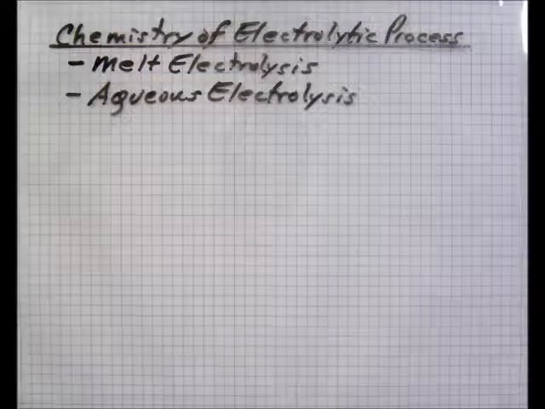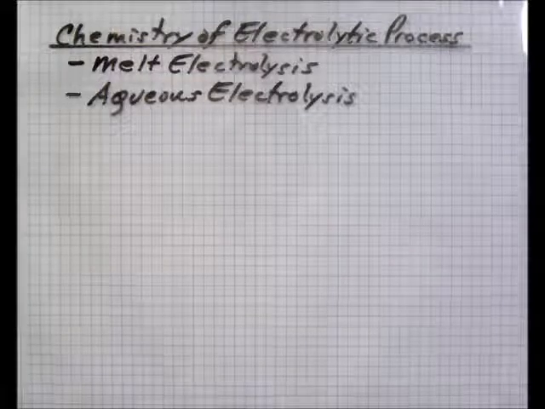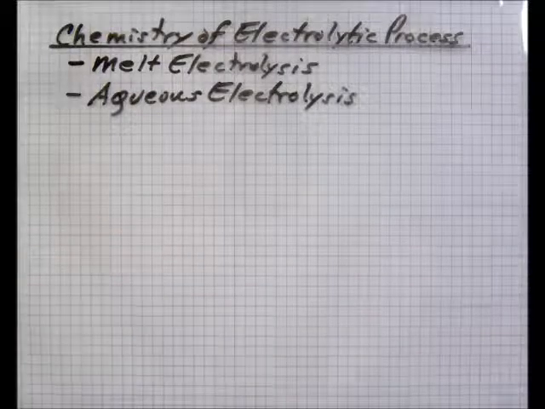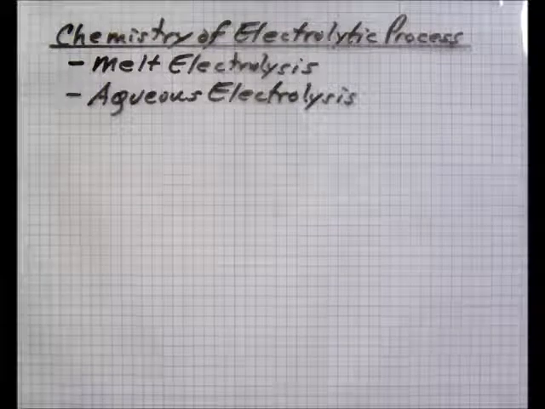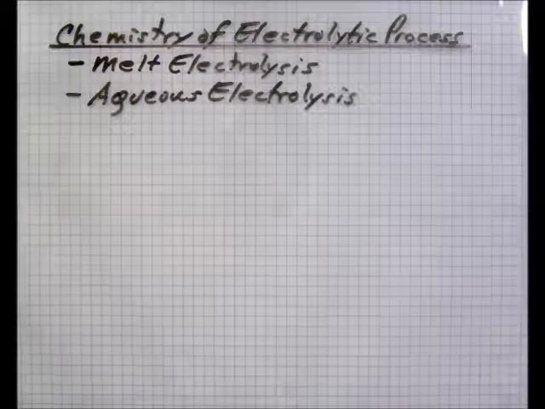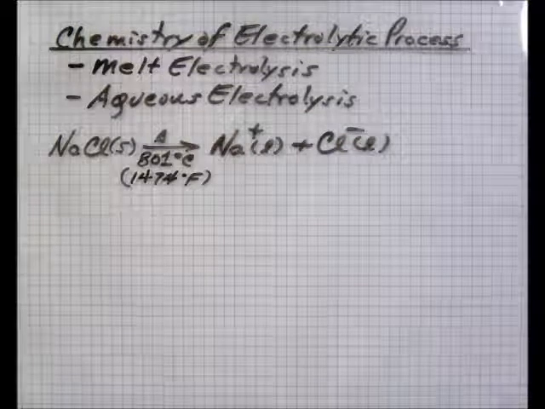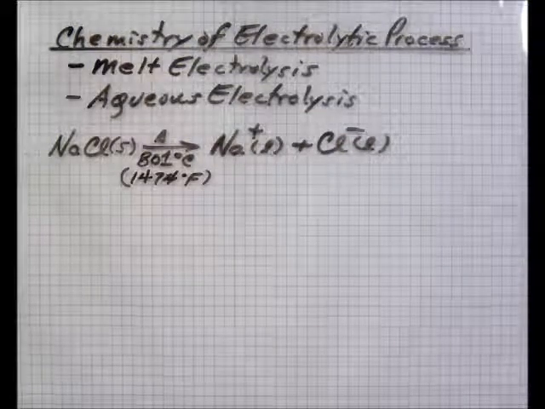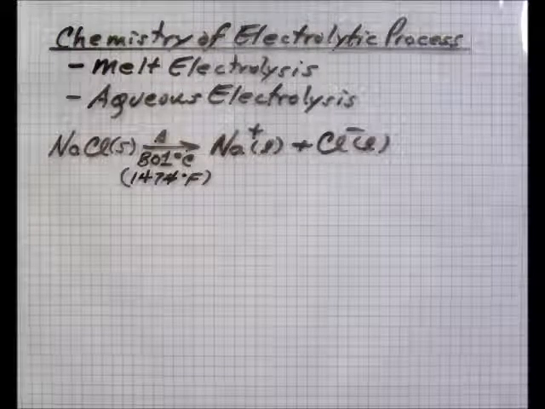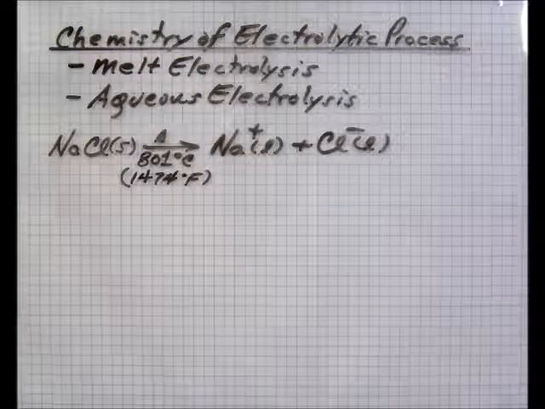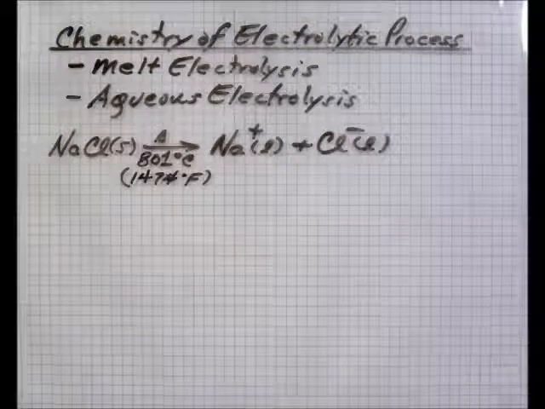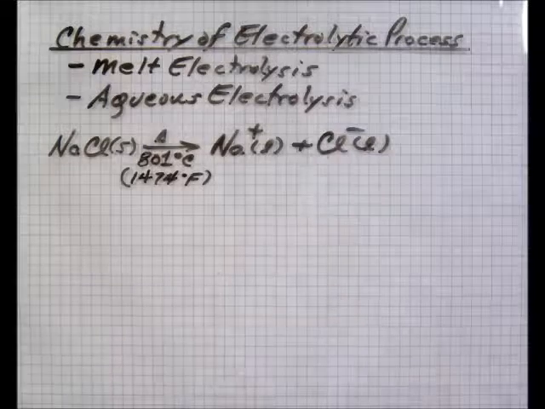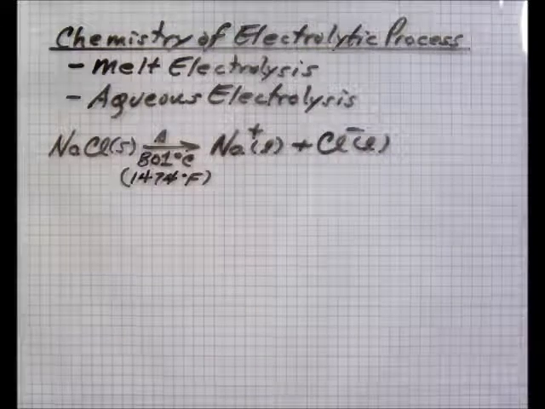Now we'll start with the melt electrolysis to give a simple outcome for electrolysis. We'll begin with the oxidation and reduction of sodium. Okay, sodium chloride, when heated to 801 degrees Celsius or 1474 Fahrenheit, will melt. And as such, we have sodium and chloride ions in the liquid phase.